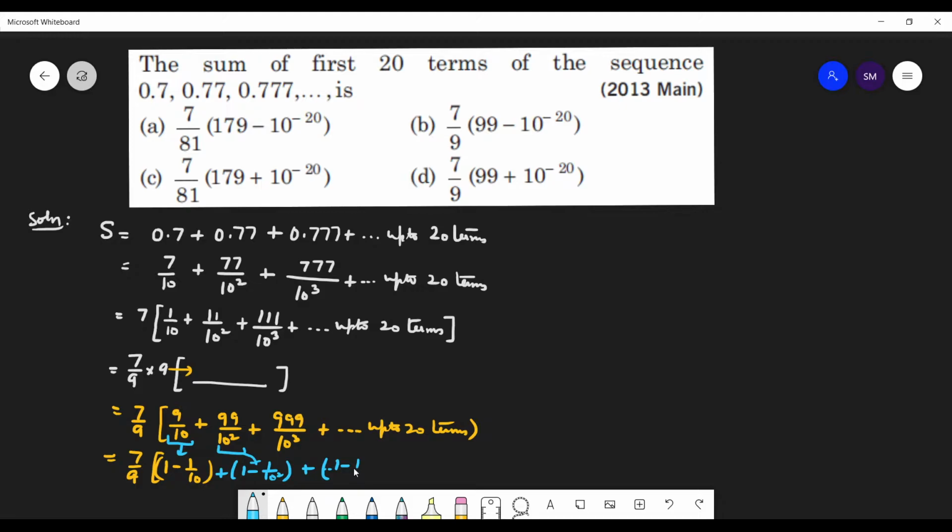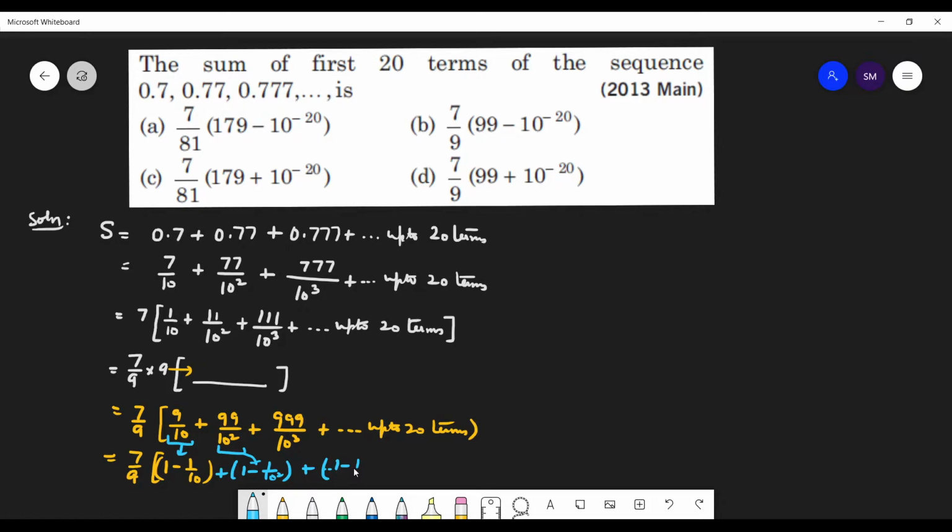So I also have 20 terms here, of course. So now this will be equal to 20 minus this GP.